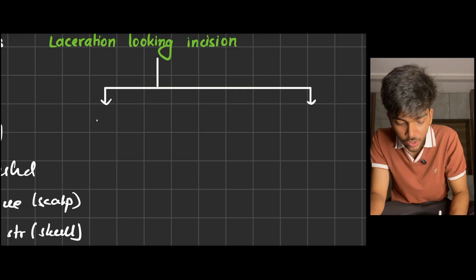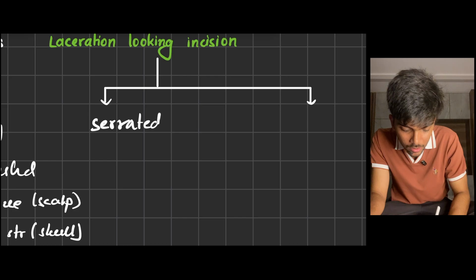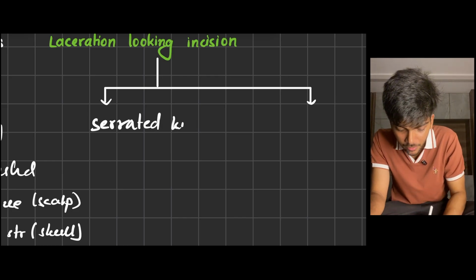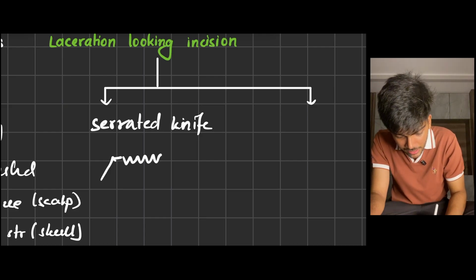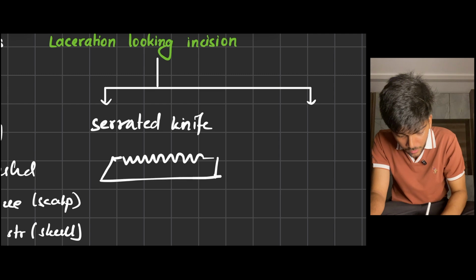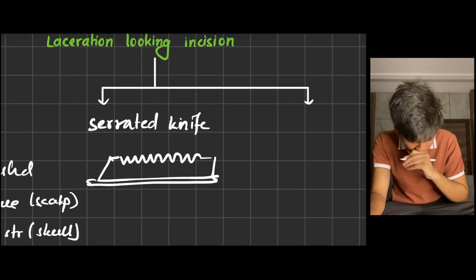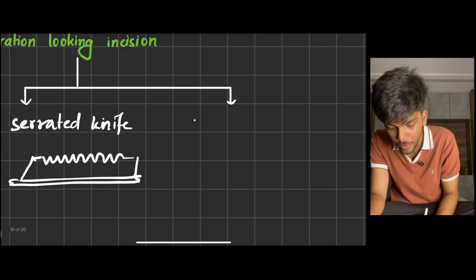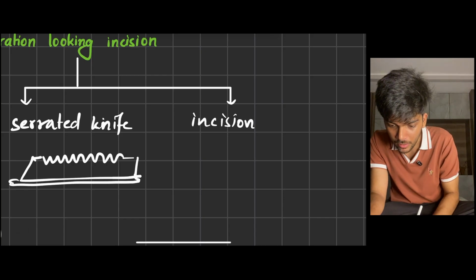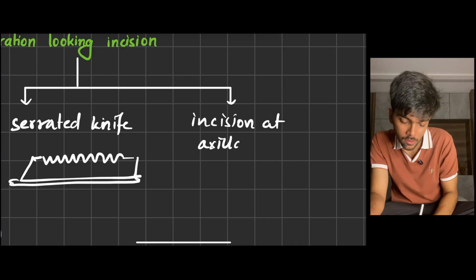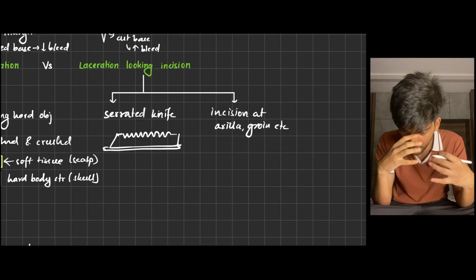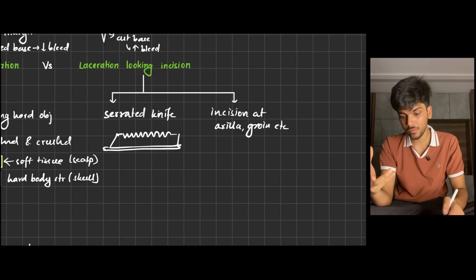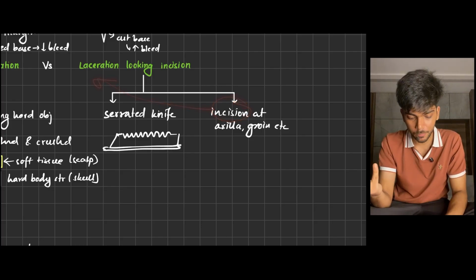This can either be due to a serrated knife, see, this is a serrated knife, or it could be due to incision at the axilla, groin, etc. At these regions, due to the skin texture itself, the incision looks like a laceration.